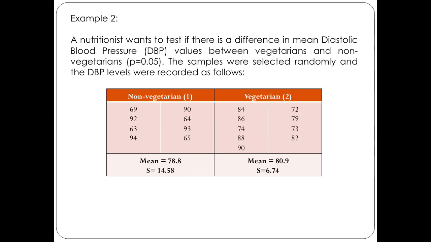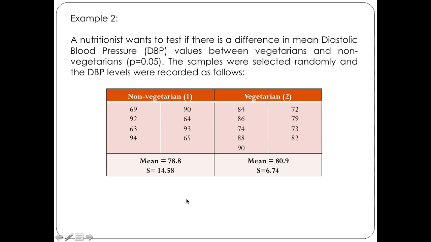The samples were selected randomly and the DBP levels were recorded as follows. For non-vegetarians, there are 8 values collected, so your sample size for non-vegetarians is 8. For vegetarians, there are 9 readings collected, so the sample size is 9.